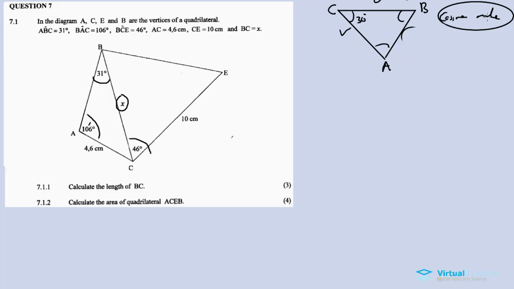So in 7.1, we apply the sine rule. We want to calculate BC, we want to calculate x. For the unknown side, its opposite angle must be given, or you must be able to calculate it if you are going to use the sine rule. In the sine rule, you need a pair, a ratio between the sine of the angle and its opposite side. Only one ratio must have an unknown.